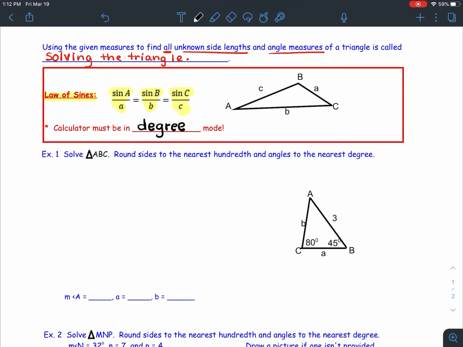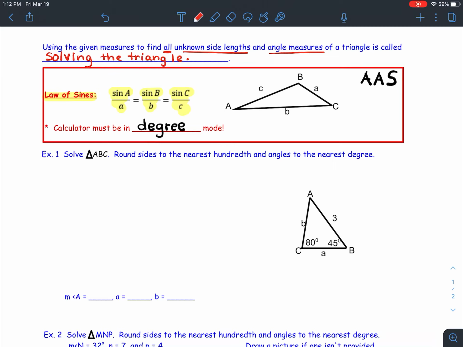Now, the law of sines is particularly helpful when the information that you're given in your triangle would be two angle measurements followed by a side that's not in between those two angle measurements. So for example, if you knew angle A and angle B, and you were also told side A, that's what we call angle, angle, side.